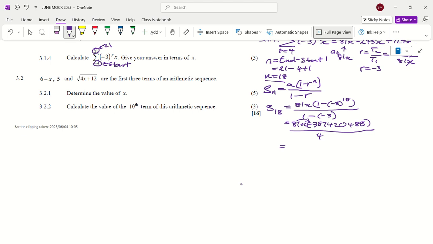This is going to be negative 3 to the 18 multiplied by 81, which is 387420488, divided by 4, and then it will have an x to its side.